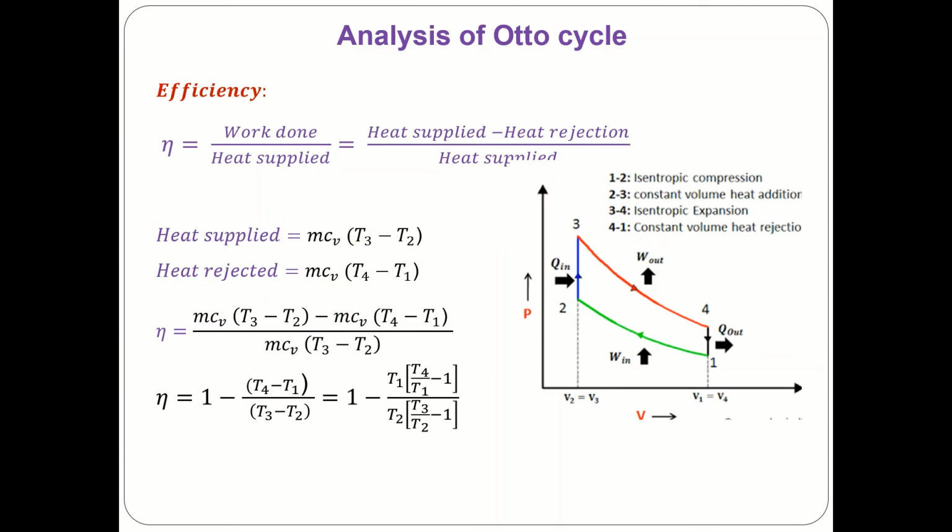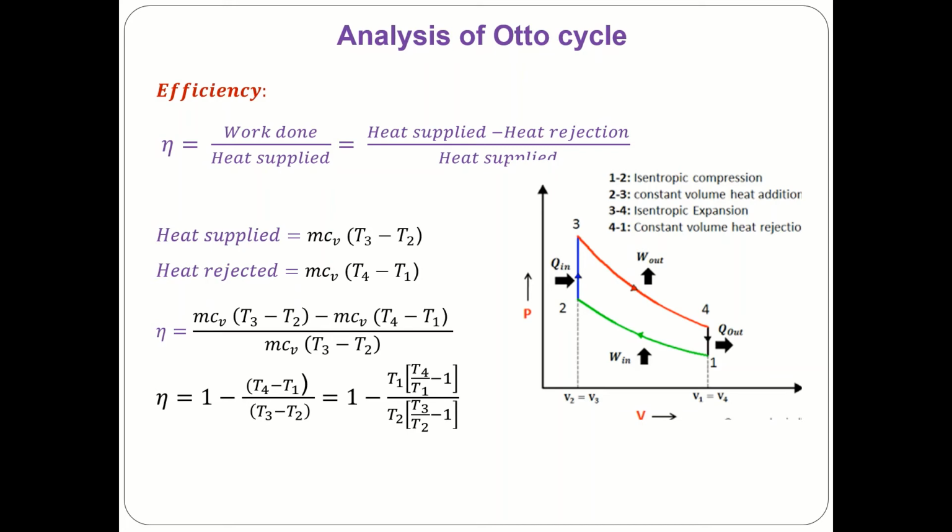So there is an important parameter which we will calculate, and that is the efficiency. Efficiency in any work producing device is given as work output or work done divided by heat supplied. Now if you see this cycle, there are 4 processes. 1 to 2 is the compression process, 2 to 3 is the heat addition process, 3 to 4 is the work output or expansion process, and 4 to 1 is the heat rejection process.